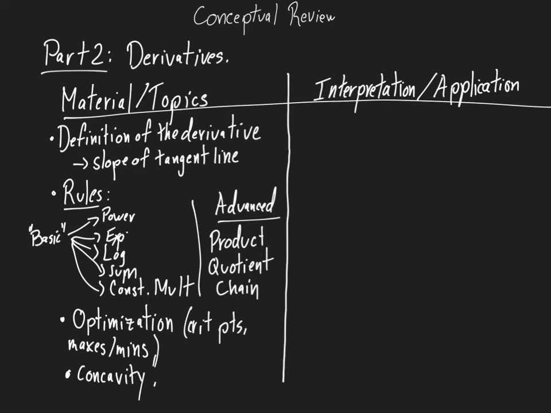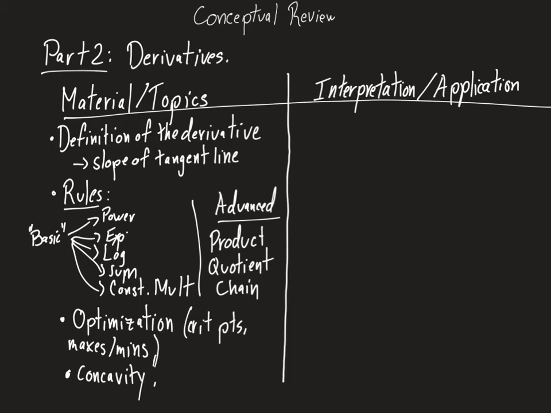So each of these basic rules that you see over here corresponded to one of the types of functions that we saw in part 1, and this chain rule over here corresponded to the function composition technique that we also learned in part 1.